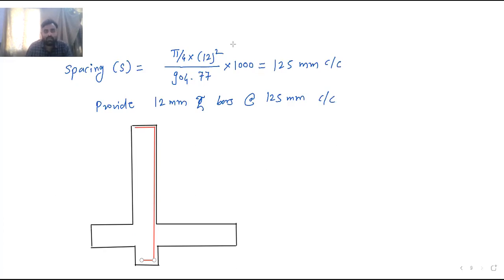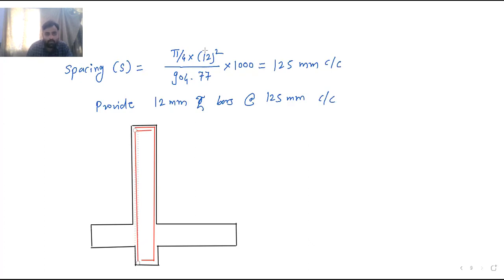Another main steel bar in the stem will start from this point, then it will come here into the stem, and then it will bend.